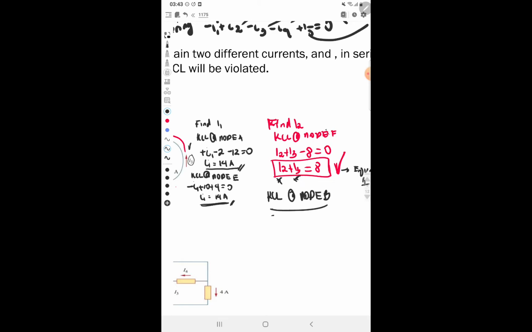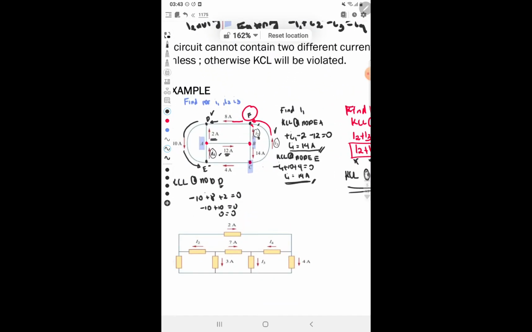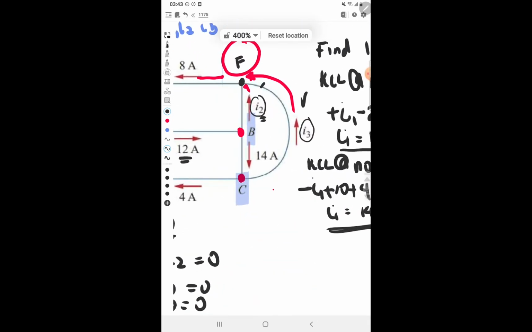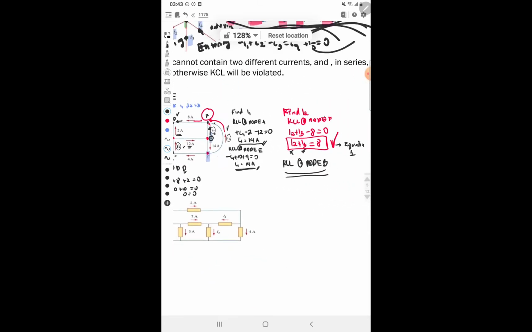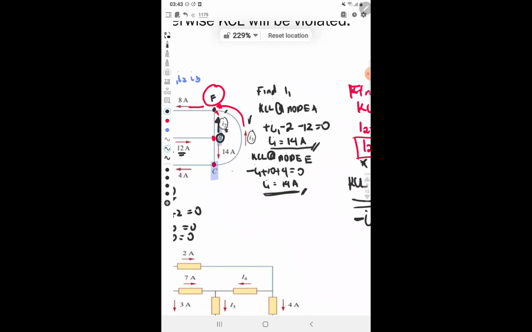This is it. Notice that the current going out is my 2 ampere, so negative I2.